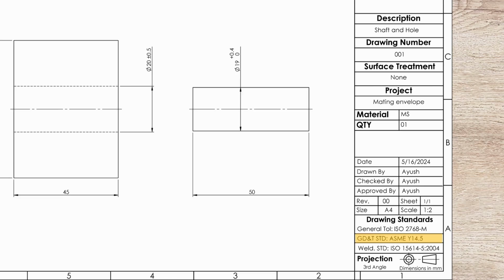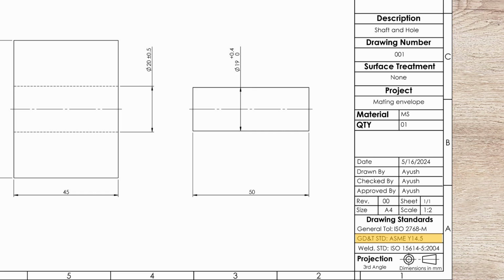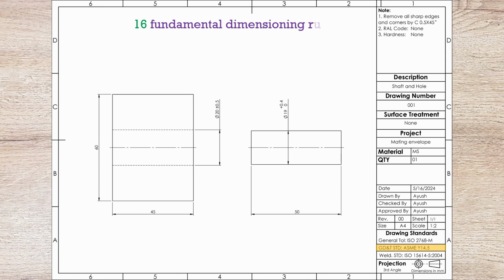What we have to do is only specify that this drawing is made in the ASME Y14.5 standard, GD&T drafting standard, in the drawing title box. Because the moment we mention the drawing is made in the ASME Y14.5 standard, 16 fundamental dimensioning rules are automatically invoked that apply to dimensioning and interpreting engineering drawings.